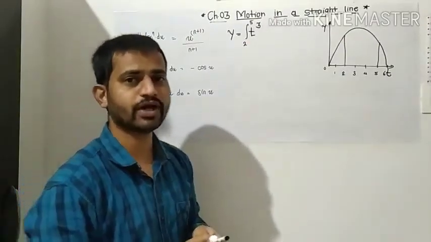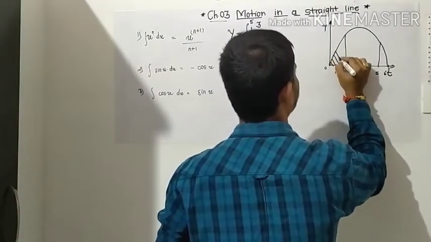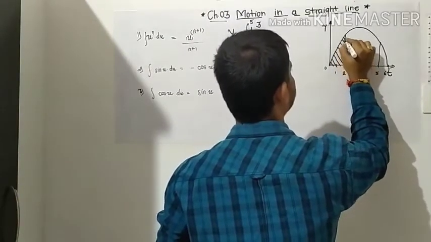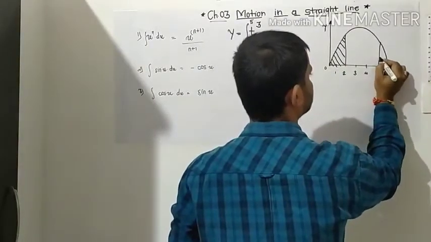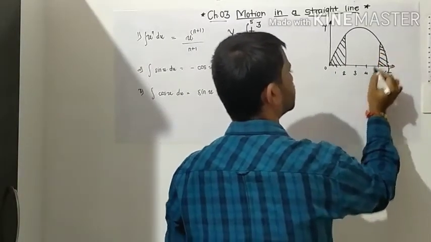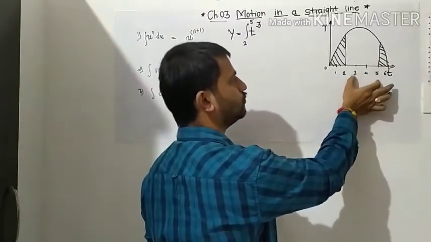So we don't have to consider the area from 0 to 2 or beyond 5. We just have to find the value of the equation between these two limits, 2 to 5.